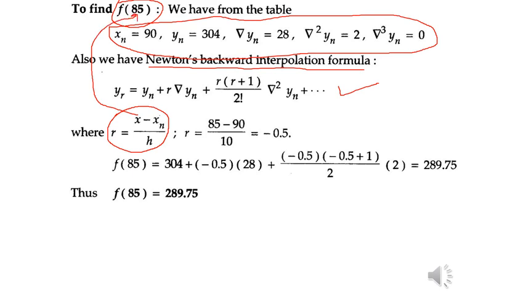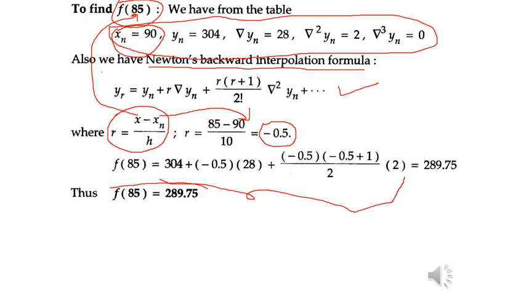Value of xn is 90. As we have collected here, xn is 90. And if you simplify using your scientific calculator, you'll get the answer as minus 0.5. Substitute the values of r and all other values in the formula. You'll get the answer of f of 85 as 289.75.